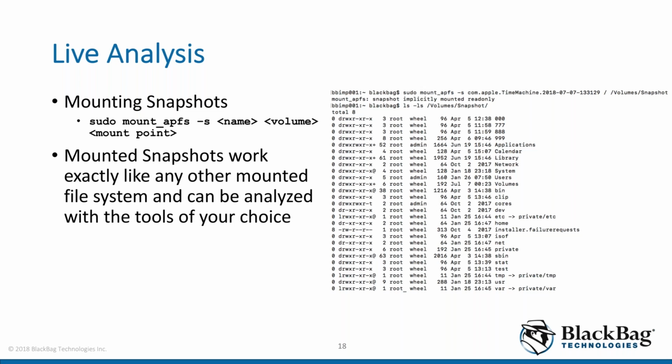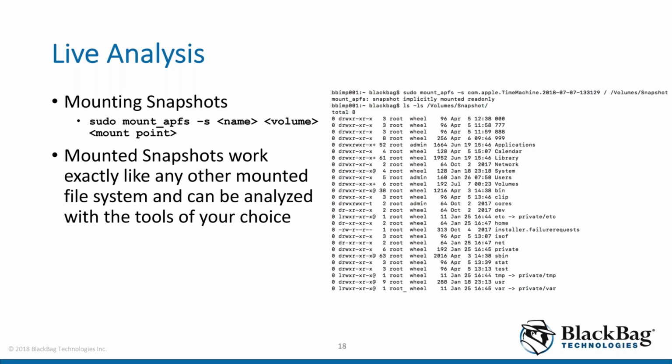Then you give the name of the snapshot, then the volume associated with the snapshot, so if it's the main directory, just a /, and then the mount point, which is just a directory where you're going to mount this snapshot. At this point, mounted snapshots work exactly like any other mounted file system, with the exception that they're read-only, of course. You can analyze them with any tools of your choice that can analyze logical files on the disk: strings, grep, what have you.